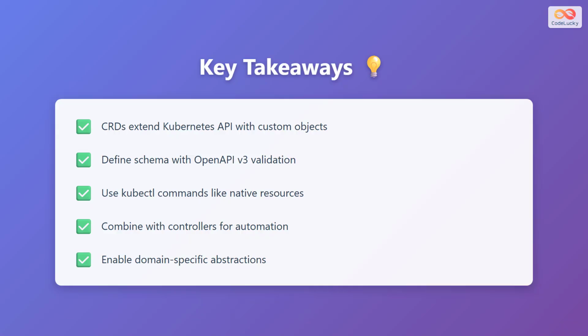Fourth, combining CRDs with custom controllers enables powerful automation and reconciliation logic. Finally, CRDs enable domain-specific abstractions, allowing you to represent complex application concepts as Kubernetes native objects. This makes Kubernetes incredibly extensible and adaptable to virtually any use case.